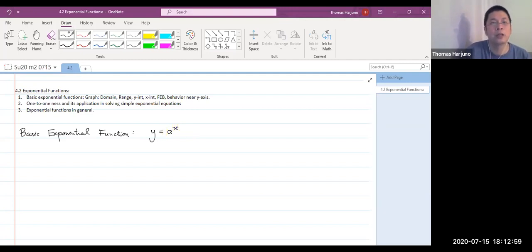Where A is greater than 0 and A is not equal to 1.